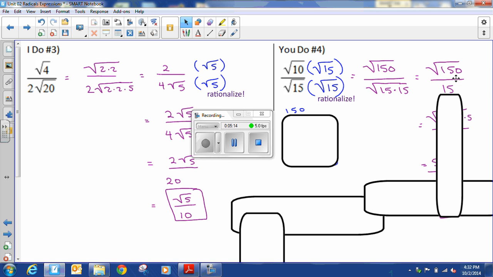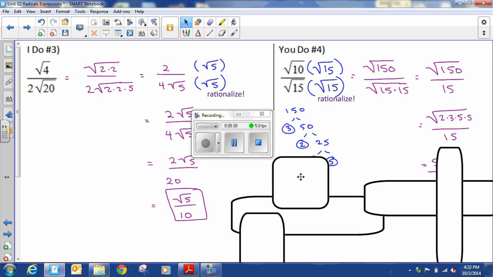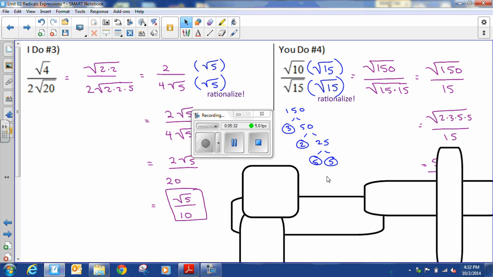The numerator is radical 150. Now, some people say, let's stop here. This is done. However, the numerator can still be simplified. This radical can be simplified. So we can factor 150 down to its prime factors, 3 times 2 times 5 times 5.